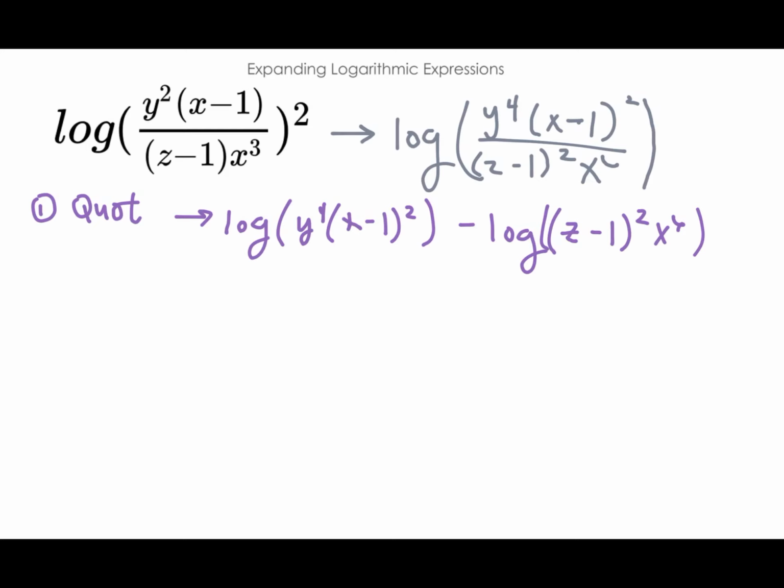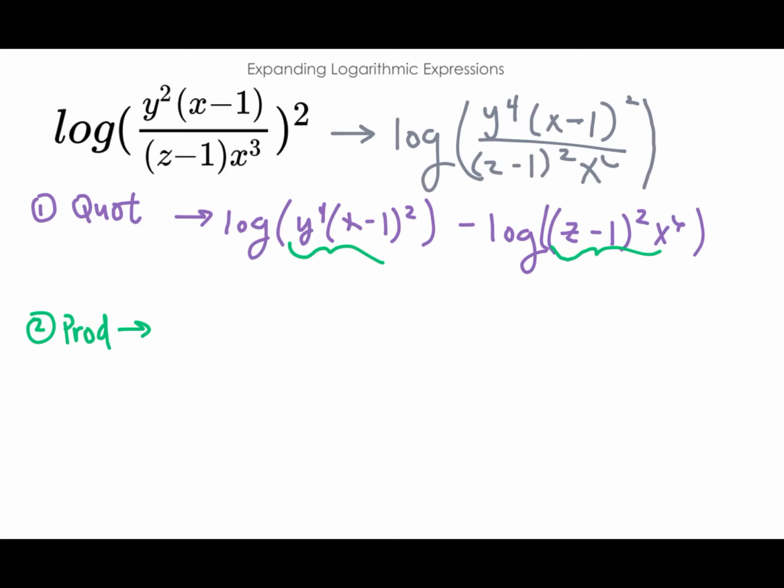Okay, next up, I'm going to look at the product rule. The product rule says that I take anything being multiplied inside of a log and expand it to 2 logs being added. So I actually have 2 sets of multiplication here. We've got y to the 4th times x minus 1 squared here, and then inside this log, we have z minus 1 squared times x to the 6th.